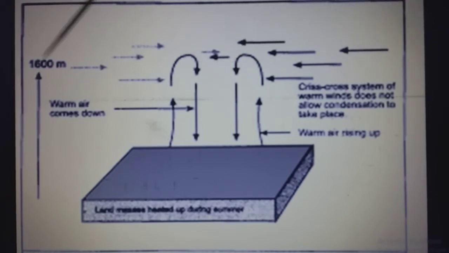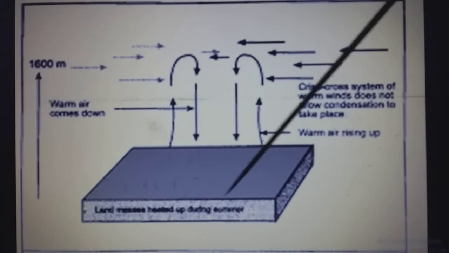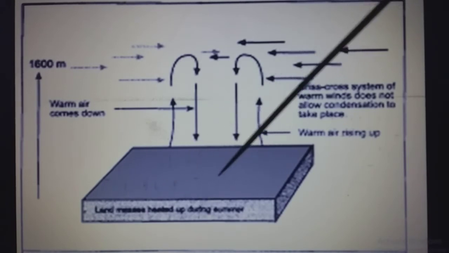Because of the crisscrossing winds that are coming from this direction and also from this direction. These winds prevent the air that had risen up from condensing and forming clouds. That is why the convectional currents cannot cause rain in the southern parts of Pakistan, and the southern parts of Pakistan receive rain from the monsoons alone. I hope it's clear.